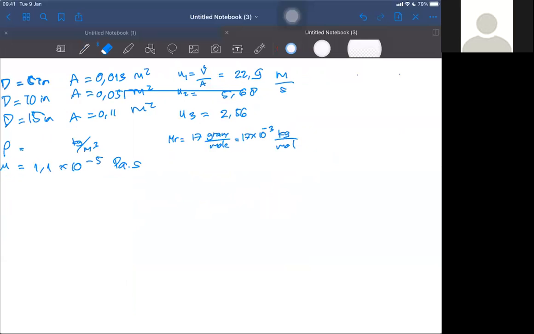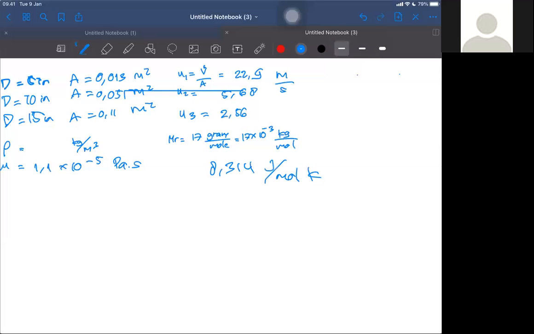I got 40.4, sir. Wait, is that right, sir? Because it seems so big. The density of the air is around 1.2 kilograms per cubic meter, so it should be around that. For the R value, I used 8.31. Is that right, sir?